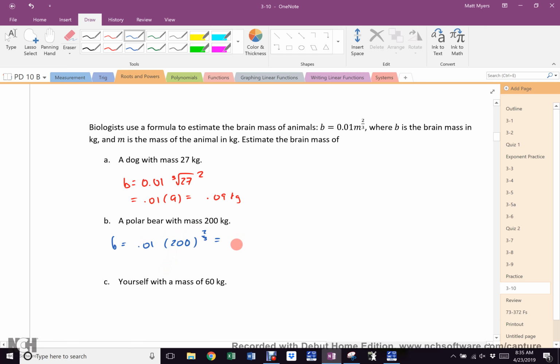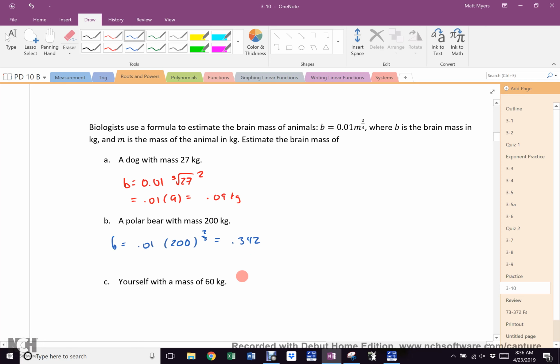What do we get? 34.192. That seems high to me. A 32 kilogram brain? 0.342. Because you forgot to multiply by 0.01.